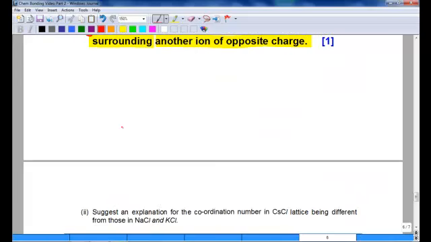For part 2, let's take a look. They ask you to suggest an explanation for the coordination number in CsCl being different from those in NaCl and KCl. Again, please put on your thinking cap. For your CsCl, NaCl and KCl, what do you think is the difference?